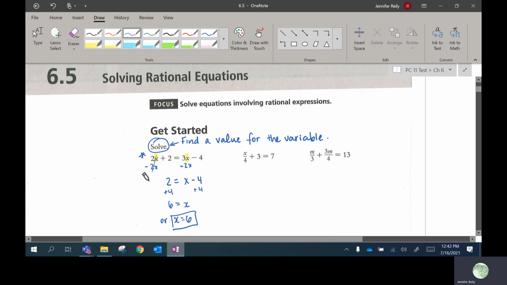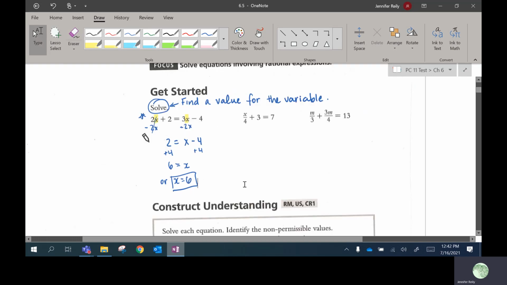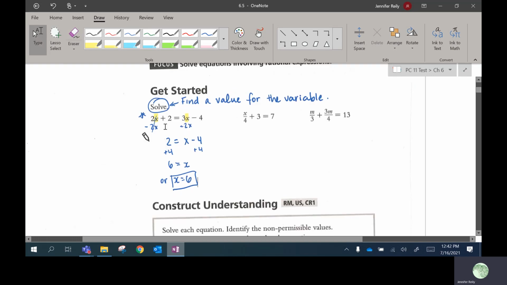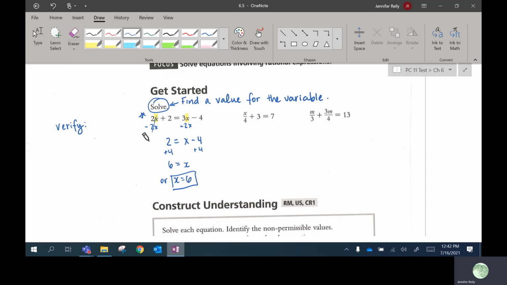That's my final answer. And we should also mention that you can check this by plugging in 6 into the equation to make sure it works. I'm going to just do this once today, but just note on a test or quiz, you should always be verifying when you're solving equations because it's easy to make simple errors and you don't want that to be reflected in your final work.